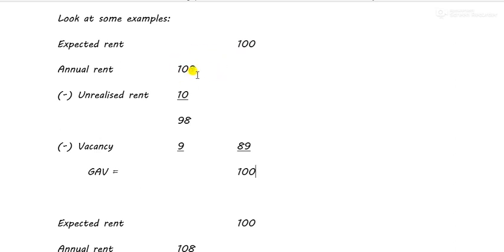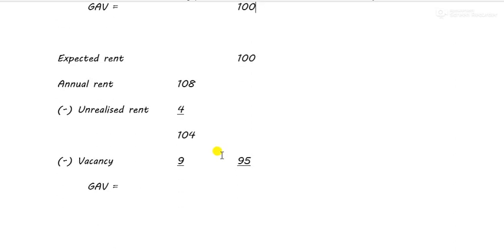In the previous case, we used to consider annual rent when there was no unrealized rent, but where there is unrealized rent, we'll compare 98 with expected rent. If this was more, we would consider the vacancy, but it is less than expected rent, so vacancy is not considered. Therefore, expected rent is my gross annual value.